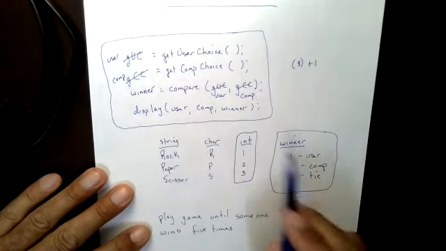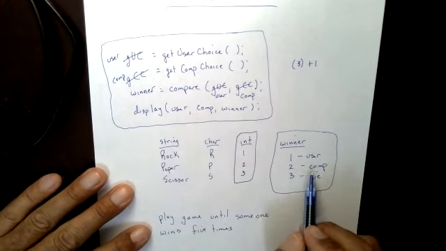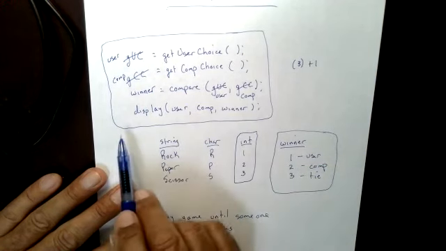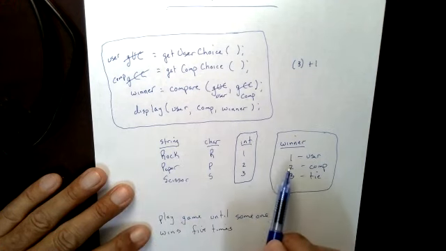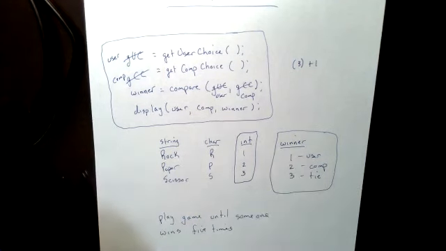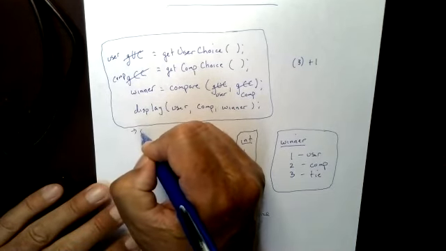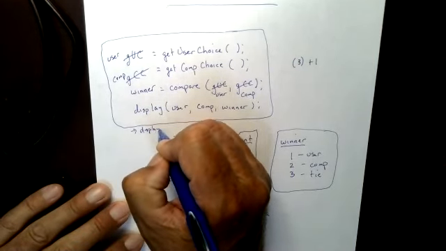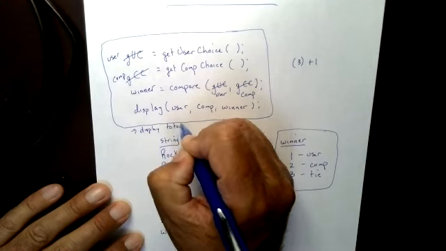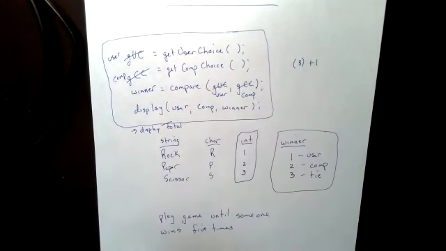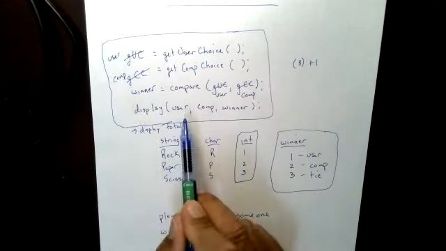If winner is a 2, I add 1 to computer wins. And I'm going to run this until user wins equals 5 or computer wins equals 5. So you might want to have some kind of display in here to display totals, like who has how many of each one. But do these 4 first.